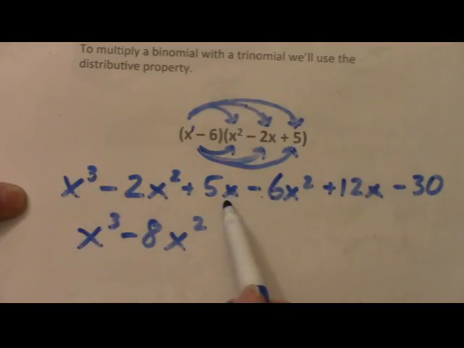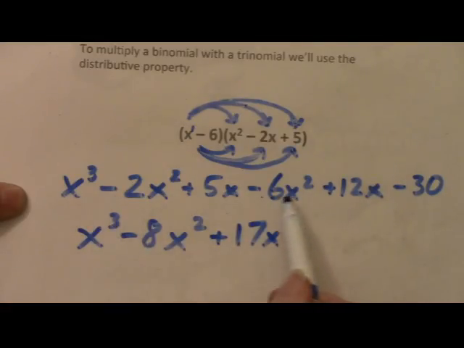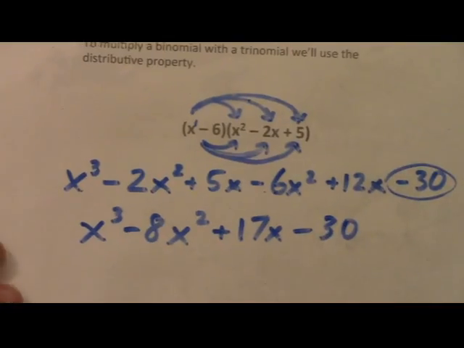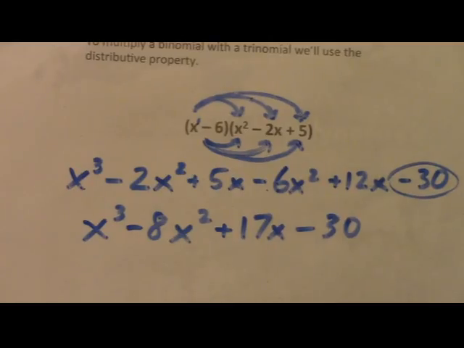Do I have another x term? Yes, I have another one right here. A positive 5 plus a 12 gives me a positive 17x. Now, do I have anything else left? I do. I have my one constant here at the end, minus 30. And let's just double check. Did I end up with anything that I can combine? No. These are each different terms. There, I've done it. I have multiplied a binomial by a trinomial.